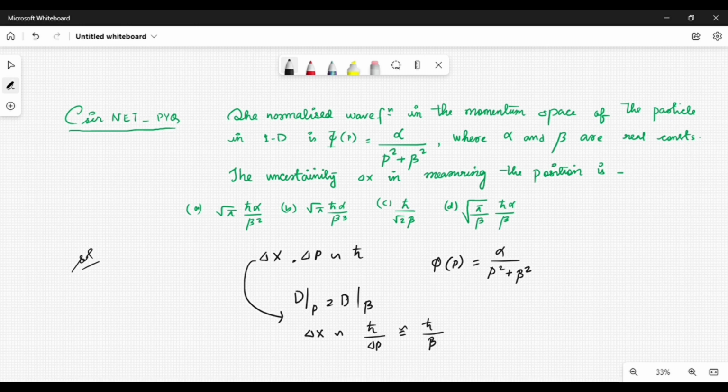This cannot be the option because this is h cut by beta square, this is h cut by beta cube. Also there is a multiplication of alpha. We do not know what alpha is. Here also there is involvement of alpha and beta, though it is h cut by beta, it involves beta under the root and also an alpha. Look at this, this is a constant, we don't bother about that. It is h cut by beta, so this is the correct option.